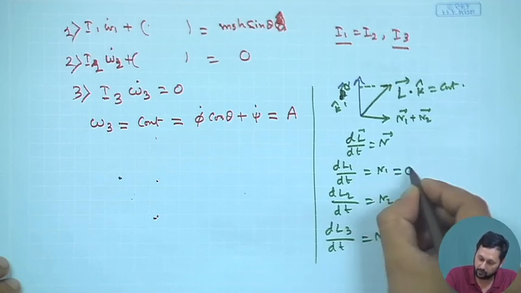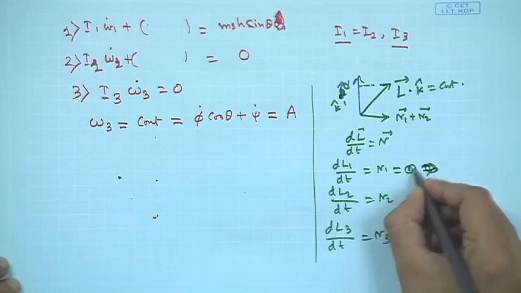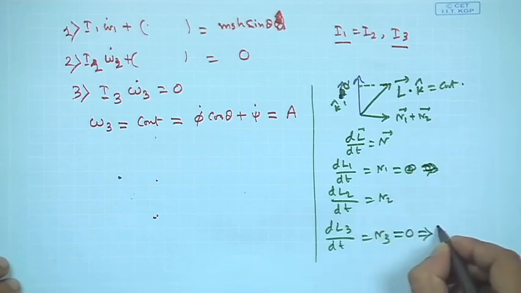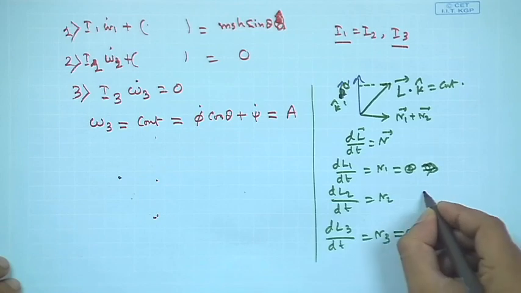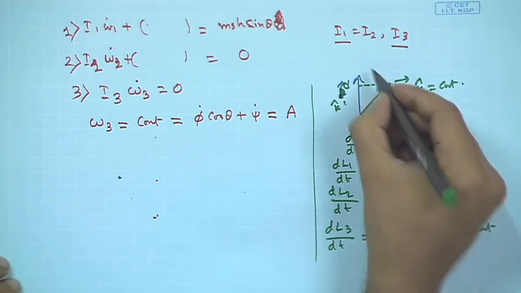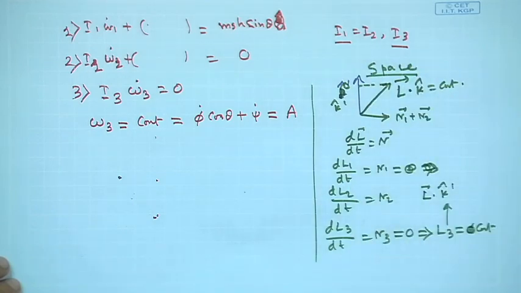So, if n3 is equal to 0, then we can immediately tell you that L3 is equal to a constant, and L3 is nothing but L dot k prime. That is written out in the space set of axis, right? Okay.